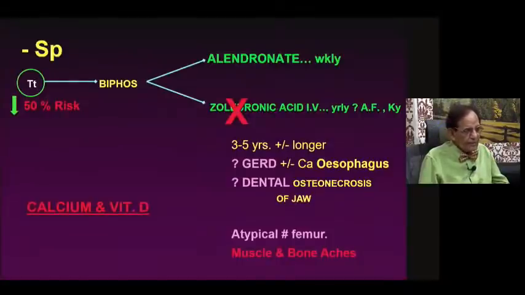Intravenous injection of zoledronic acid once a year, instead of taking alendronate once a week. Now, I would not advise you to give this injection once a year, although it sounds attractive.